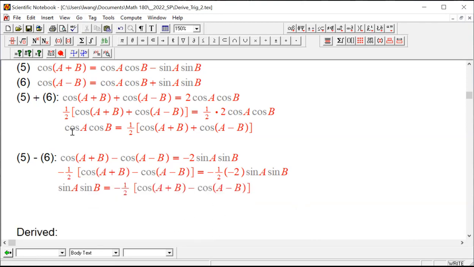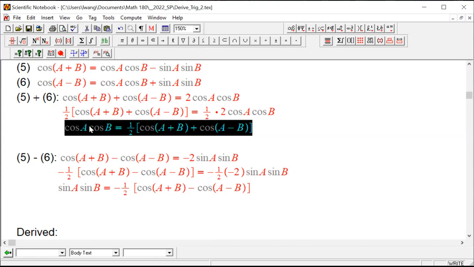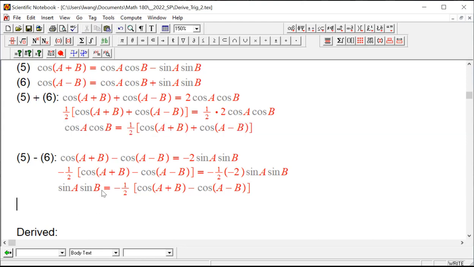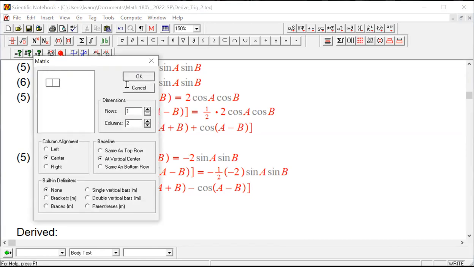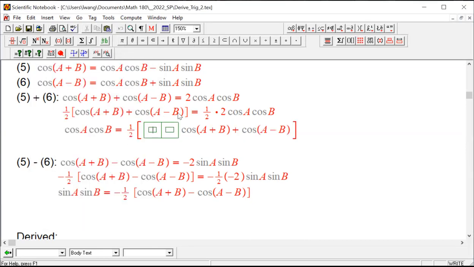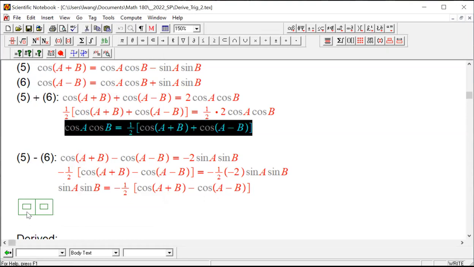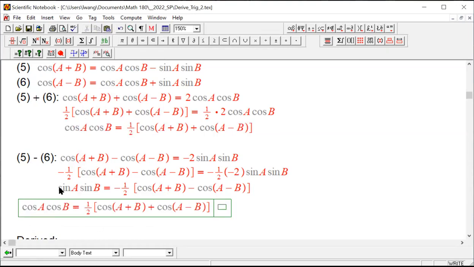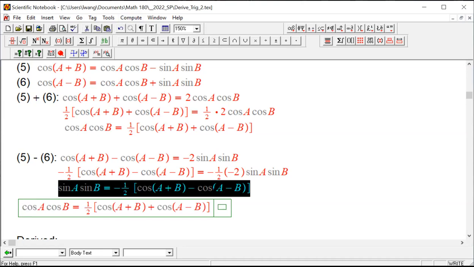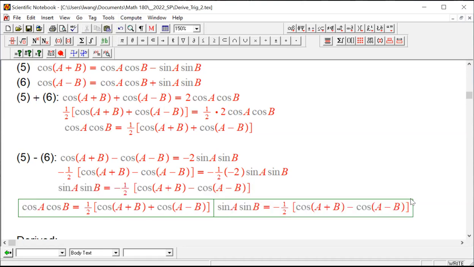So we got 2 more from product to sum, product to difference. Okay, so we got these 2. We're going to bring them together. So this piece over here and that piece over there.